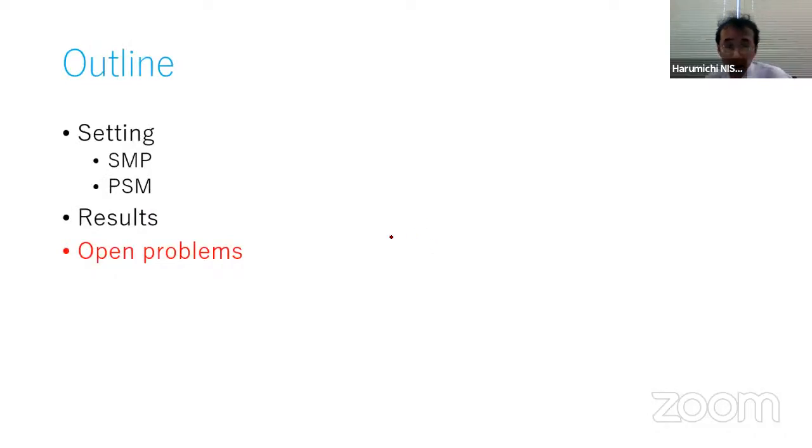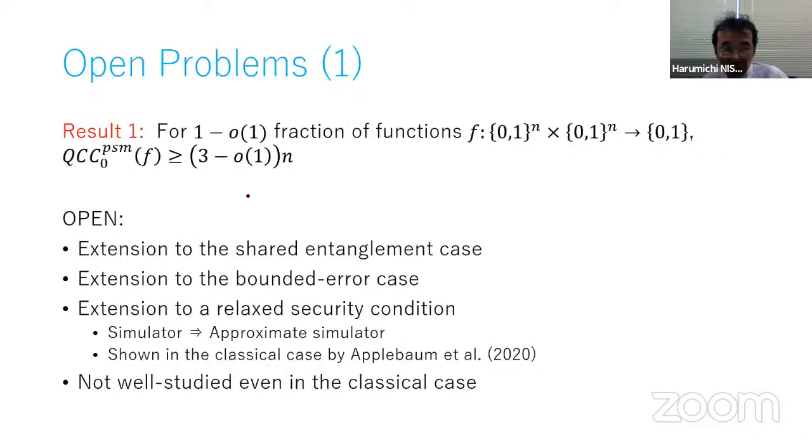Now finally, I would like to present open problems. Our first result is a non-trivial lower bound for the quantum case. But extension to the shared randomness case is open. Also, the bounded error case is open. And also, we can consider a relaxed security condition. So we consider the exact simulator, but we can also consider an approximate simulator.